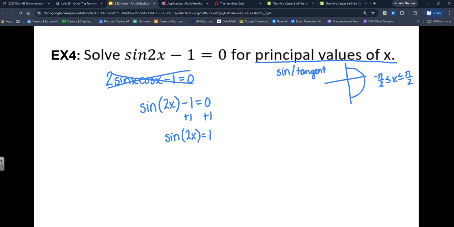So when you see that phrase principal values, that's what they're referring to. We want the answers between negative pi over 2 and positive pi over 2.